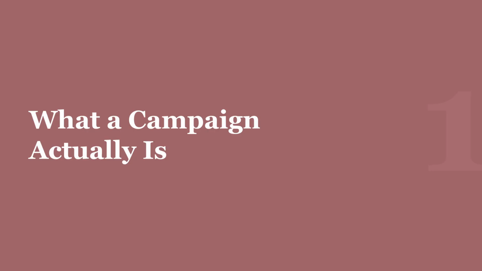Section 1. Before we can design a campaign, we need to be precise about what it is. This word gets used a lot in communications work, and often it's used very loosely. And that looseness causes problems when it's time to evaluate whether something worked. And that evaluation is at the core of successful strategic communication.